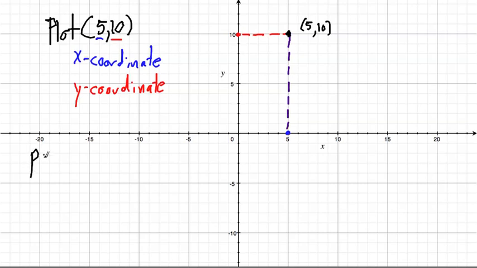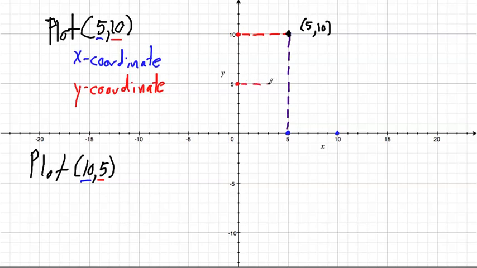Now what if we were going to plot instead, just to show the fact that the order we write the numbers in matters, (10, 5)? Well, our x-coordinate 10 says let's go out to 10 along the x-axis, and our y-coordinate 5 tells us to go up to 5 on the y-axis.